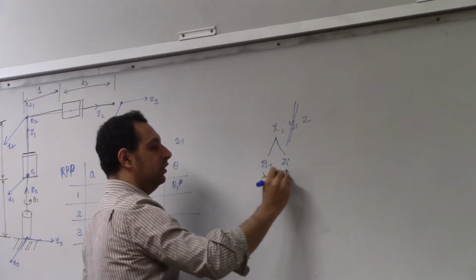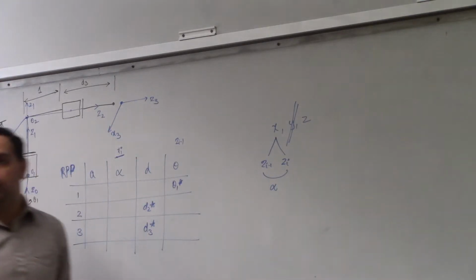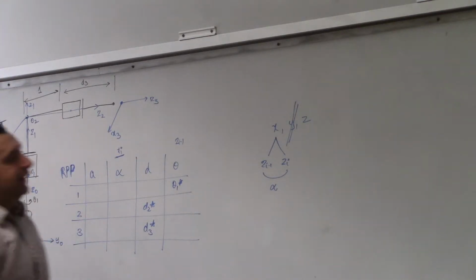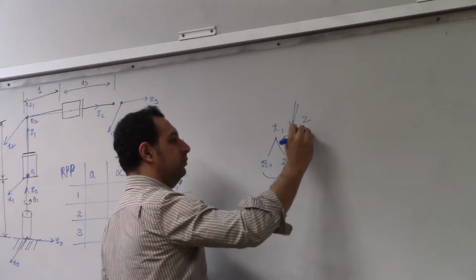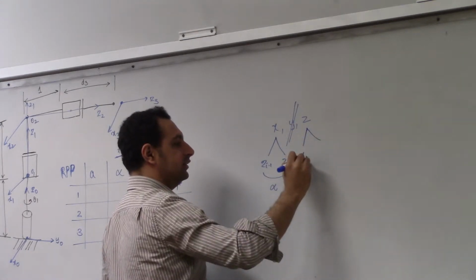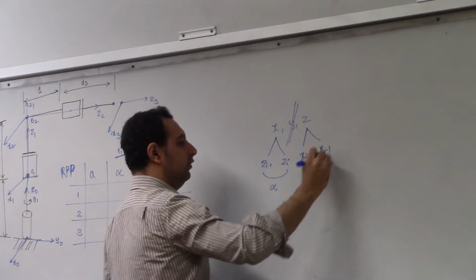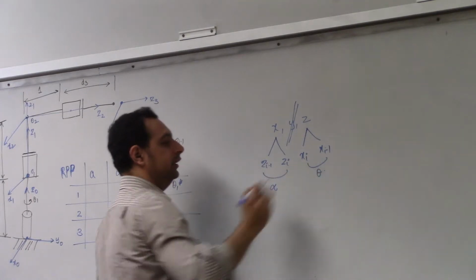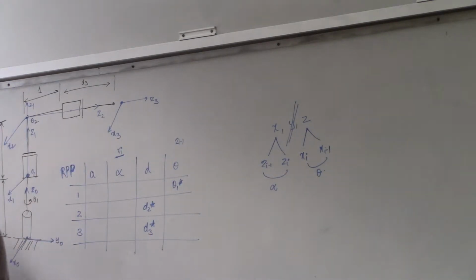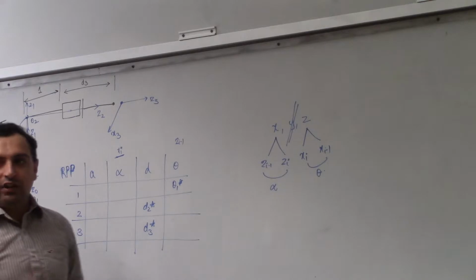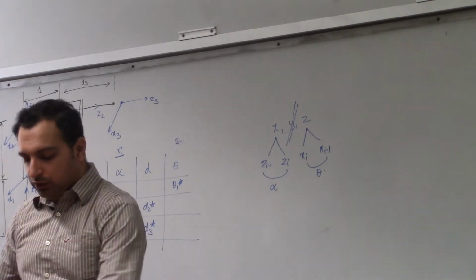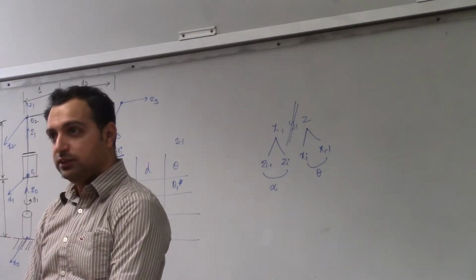This angle is called alpha, the joint twist. We use the z-axis to measure the angle between two x-axes. We call it the joint displacement. Whenever you measure an angle, the measurement can only happen about a perpendicular axis.